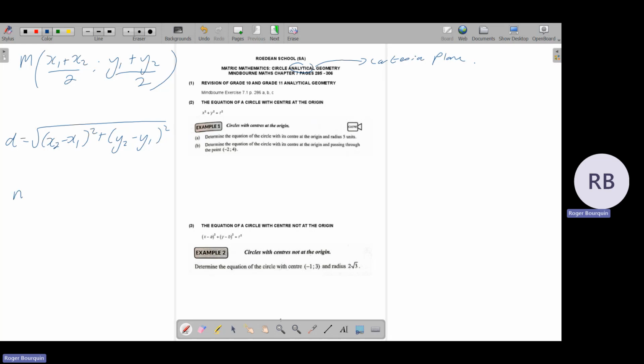Right. Then the gradient: m is equal to y1 minus y2 over x1 minus x2. If lines are parallel, what do you know about their gradients? Parallel lines have the same gradients. Perpendicular lines: flip it around and change the sign. So if the line has a gradient of a half, what's the gradient of a perpendicular line?